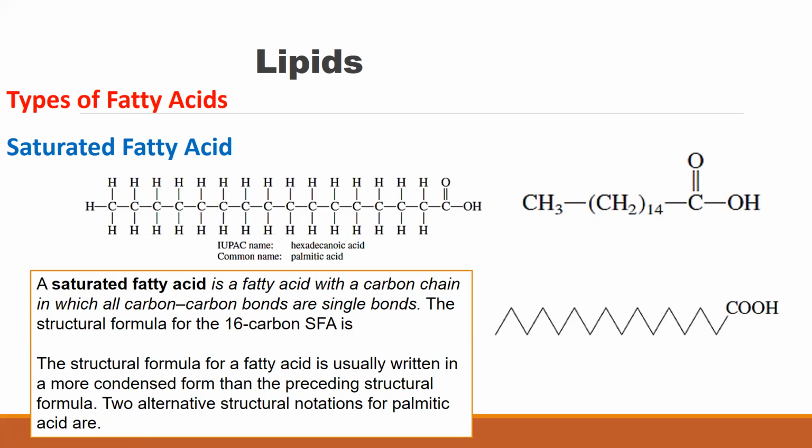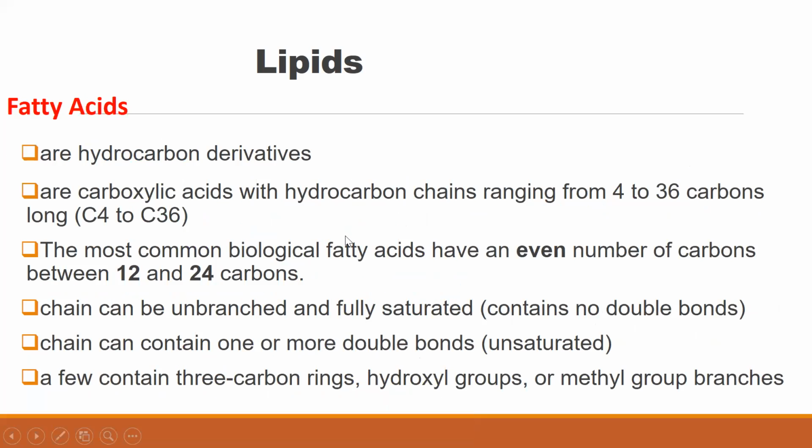We call this one as fatty acids. Again, fatty acids are carboxylic acids, ranging from 4 carbons to 36 carbons. The most common biological fatty acids have an even number of carbons between 12 and 24. Very common na siya. Example, kanang mga oils ninyo na ginagamit at home, different kinds of oils.